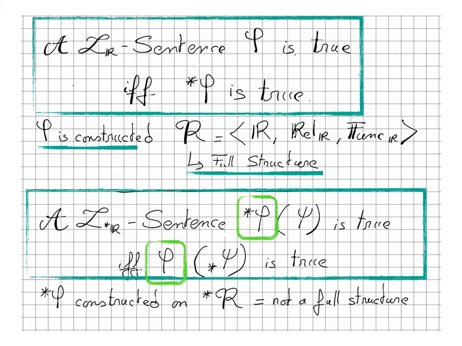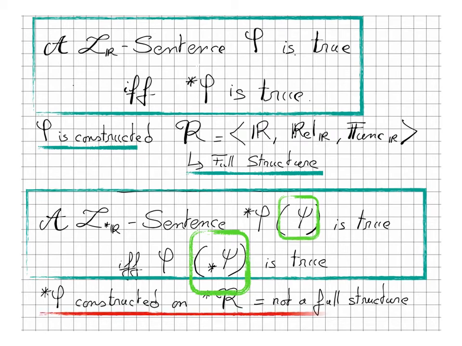Or if you want, I could call *φ ψ, and I could replace φ by lower star ψ. But if you get confused about this, don't worry about it. What is important here is that *φ is constructed on *R, which is not a full structure.